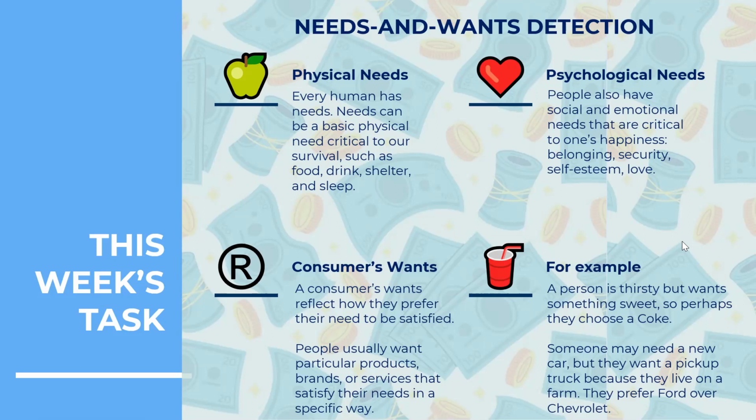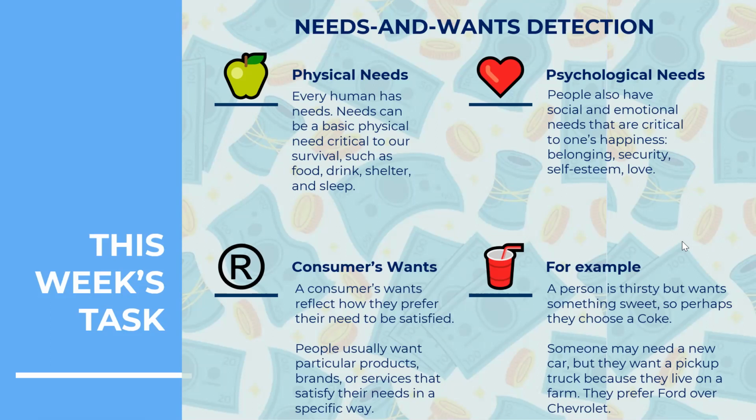Another example, if you live on a farm in the middle of nowhere and you need a new car, you're like, okay, which car would work best for me? A pickup truck, because I live in a place where I need it. And you have 20 different brands. And you're like, no, I would rather go with Ford.